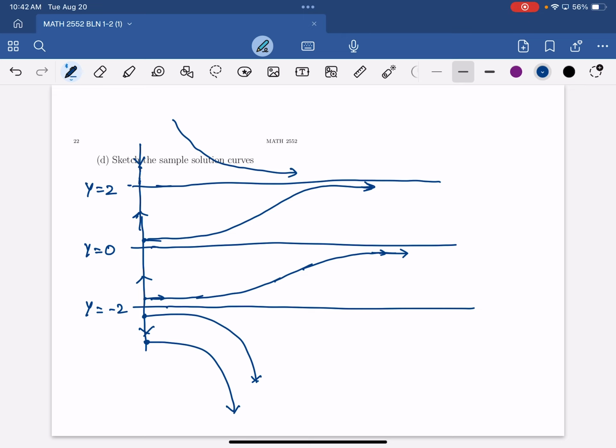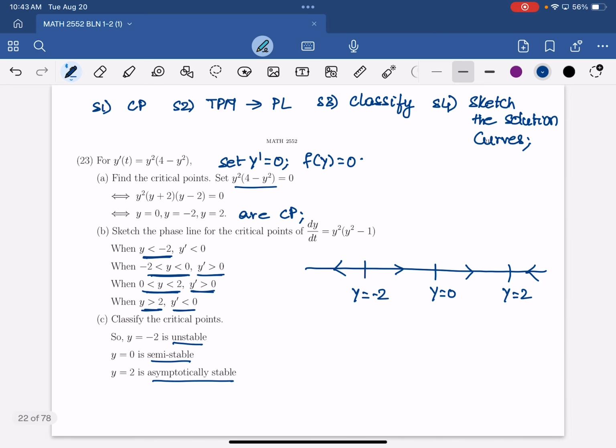Yes? Between y equals 0 and y equals 2, how do you know that it definitely has a switching concavity and not just increasing and concave down? Like I said a few minutes ago, y prime is 4y squared minus y to the 4th.